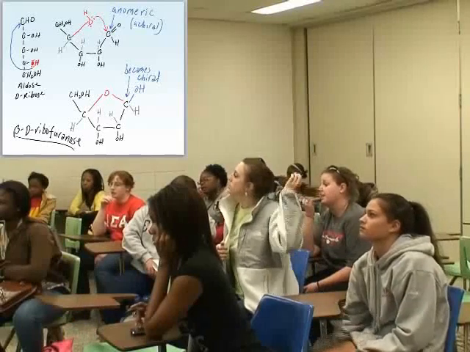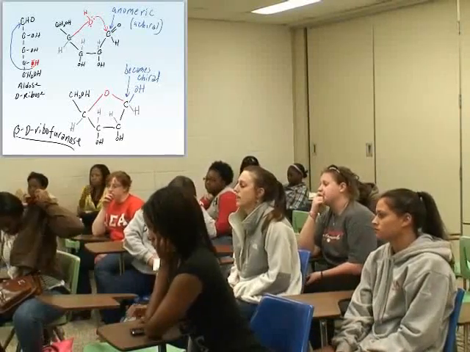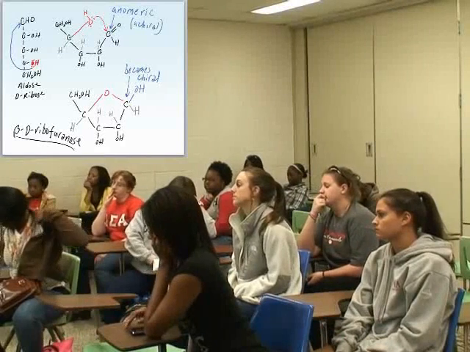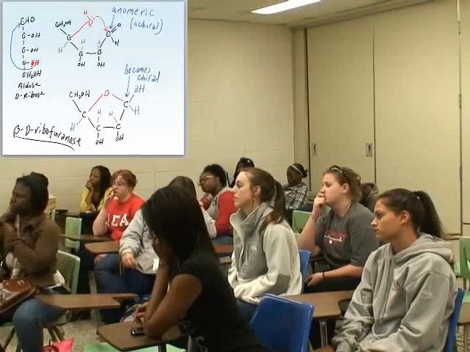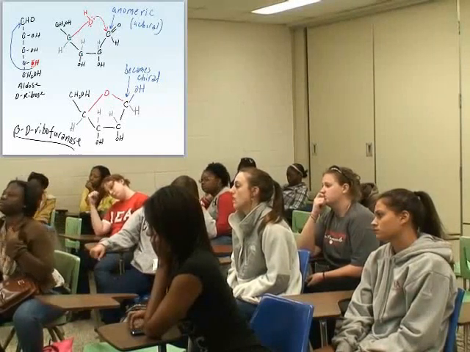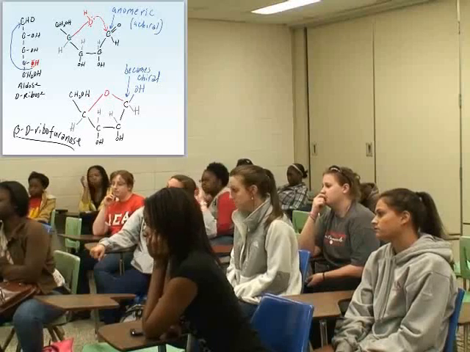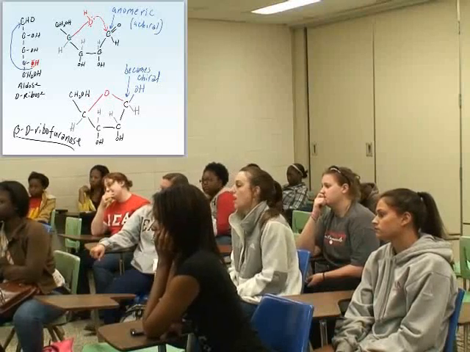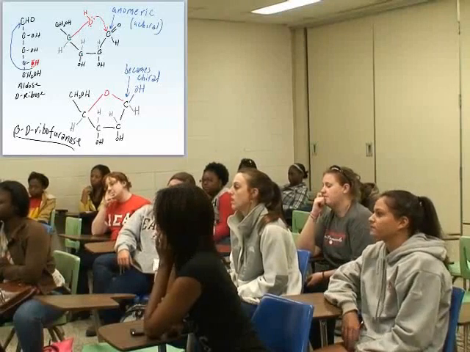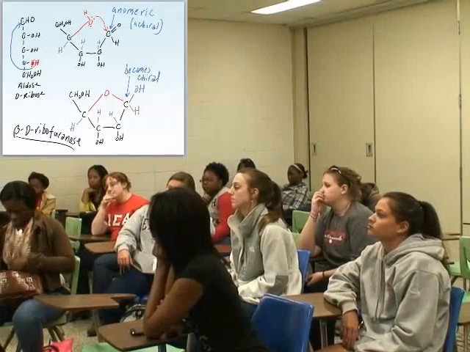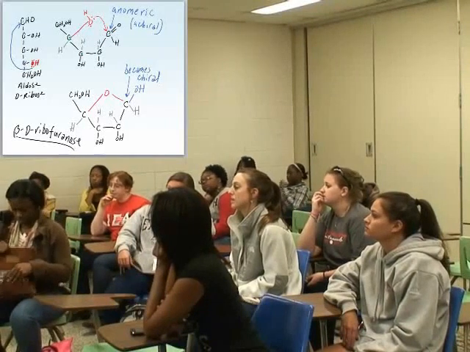Is it chiral or achiral? Achiral. Very good. The anomeric carbon of the closed ring of glucose. Is it chiral or achiral? It's chiral. Is it alpha or beta? It depends. Which configuration is up? Beta. Very good.